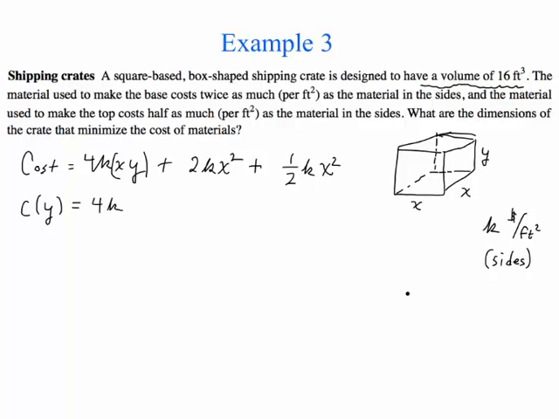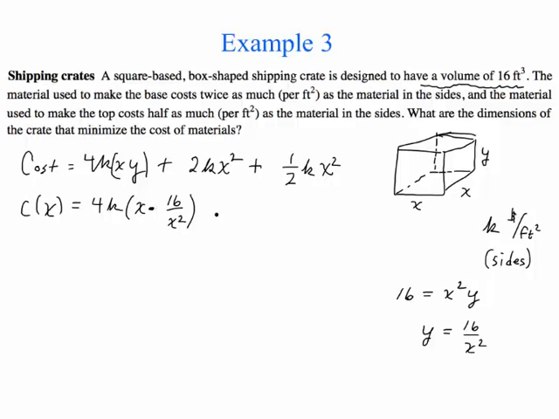So what's the volume of the box? 16 equals length times width times height. So Y is 16 over X squared. Just kidding, I want to do C of X. Make it easier. So that means everywhere there's a Y now, I'm confined to this, 16 over X squared.